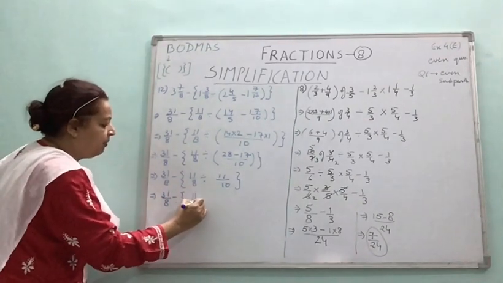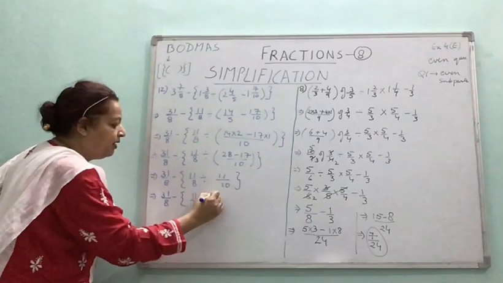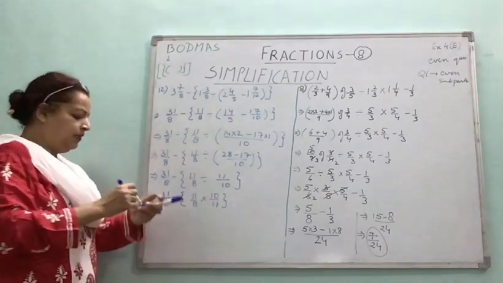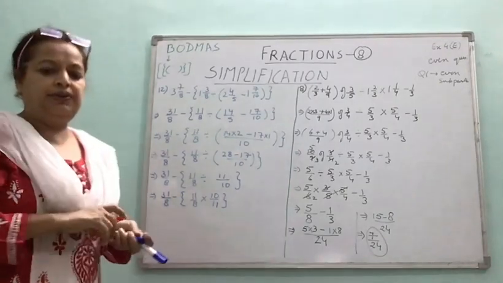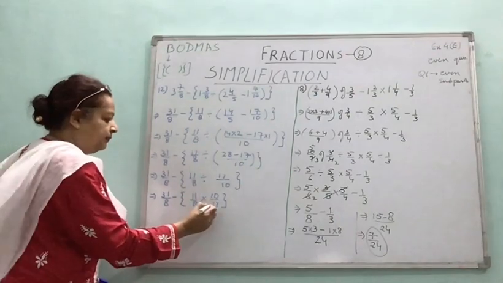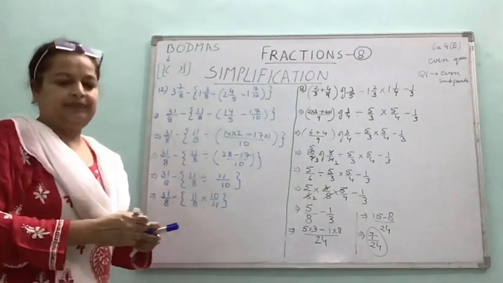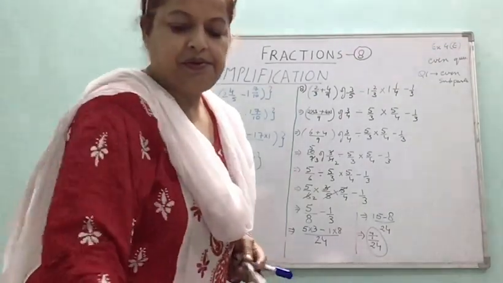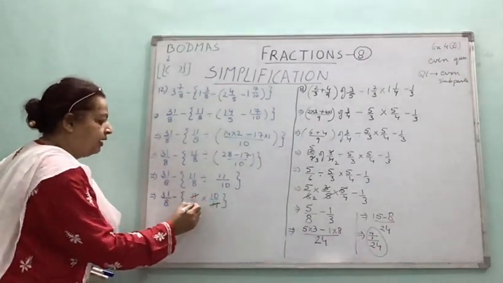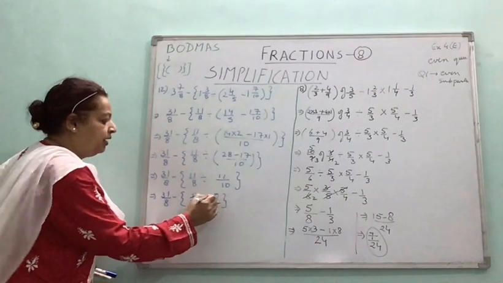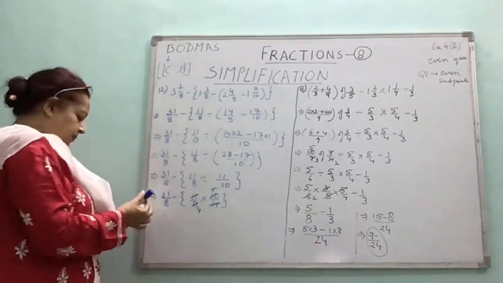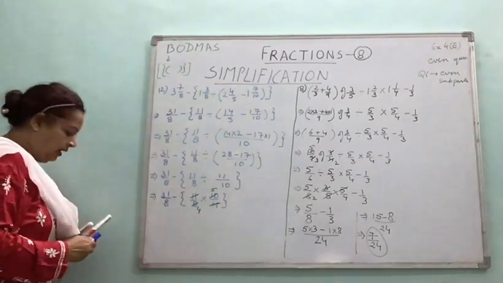I'll be multiplying by what? Reciprocal. So whatever is reducible, I'll reduce it. To 4 times and to 5 times, right? So we continue.